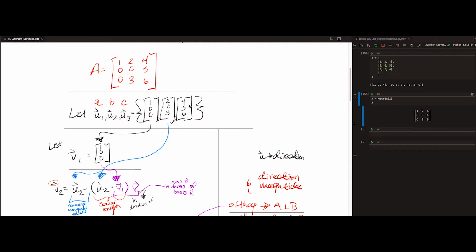Then we could only have maybe two out of three basis vectors, because let's say that this vector were 8, 10, and 12. As we saw in one of the previous videos, this would be a scalar multiple, and that would be a problem, because we would only have two out of the three vectors in our basis.